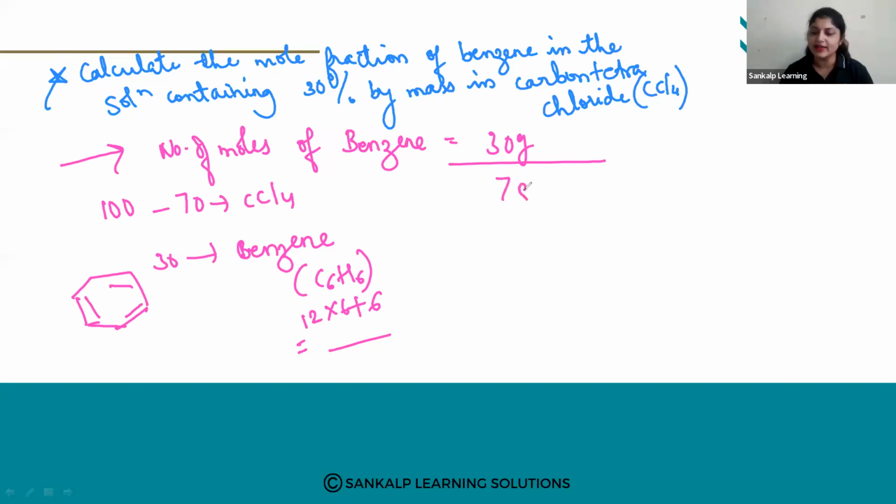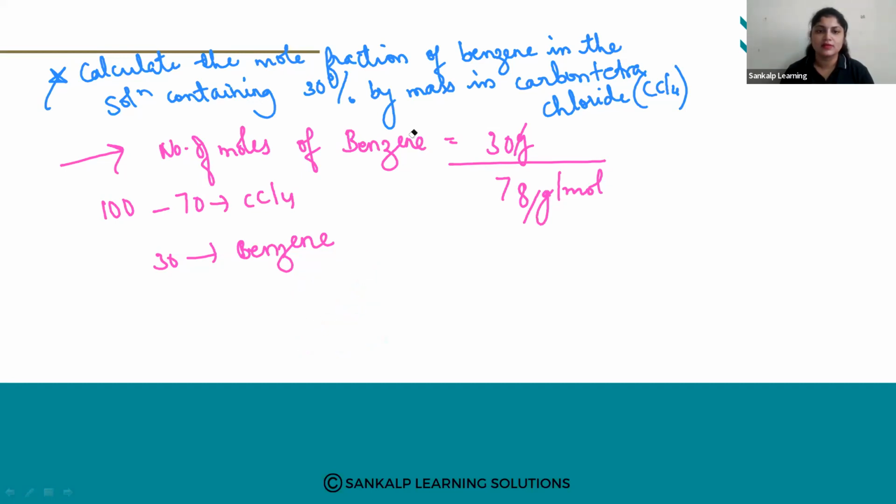So it is 78 gram per mole. So what is the answer you are getting? You should get 0.384 mole. So this is your number of moles of benzene.